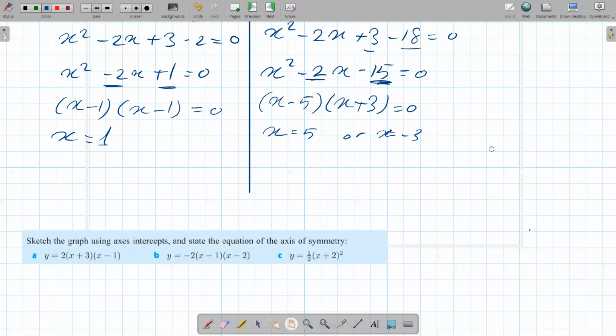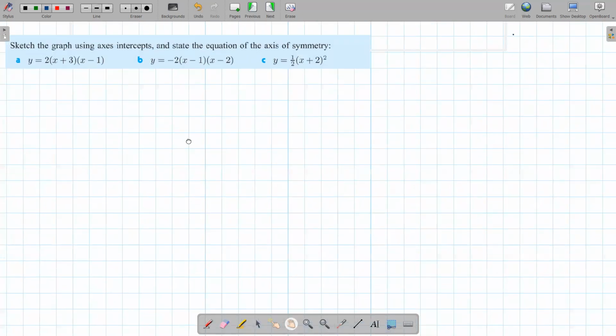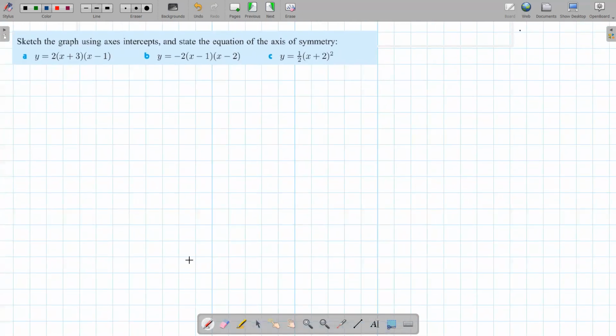Yes. Okay. Let's move further to some different kinds of questions. Here he said what? Sketch the graph using the x-intercepts and state the equation of the axis of symmetry. We need to determine the value of the vertex.